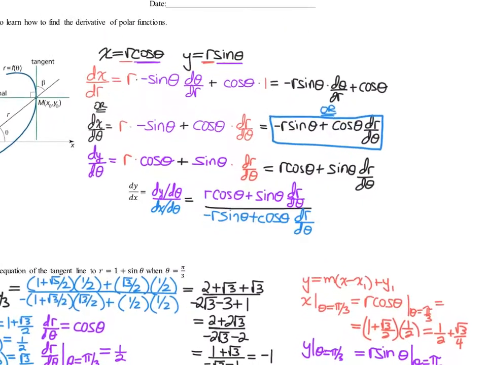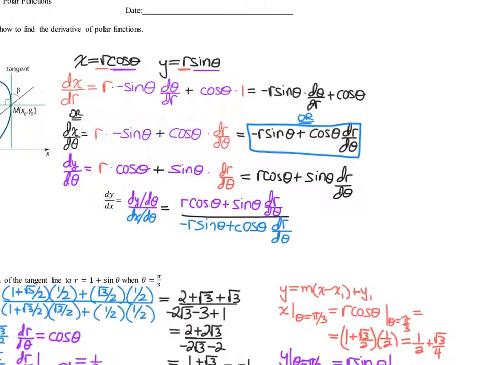All right, so it goes back to this idea. If you're reflecting on the original derivation, it's a question of, do I want to work with this, or do I want to start from scratch? And it's not really scratch. It's more so, do I want to convert my original function, r equals 1 plus the sine of theta, into rectangular form, and then go from there? The drawback to rectangular form is that it's going to be completely in terms of x's and y's.